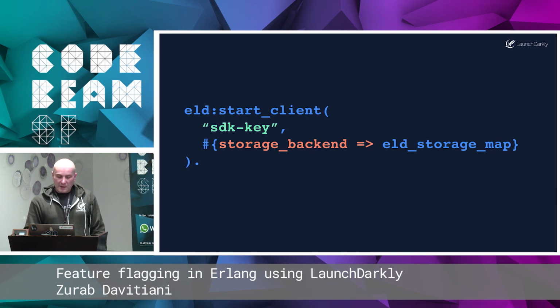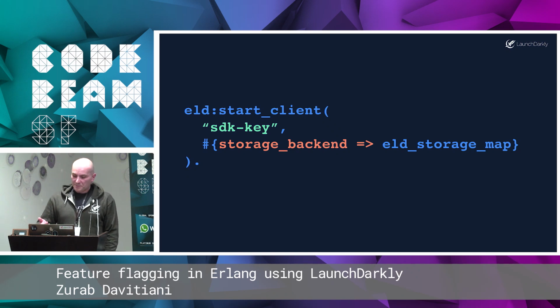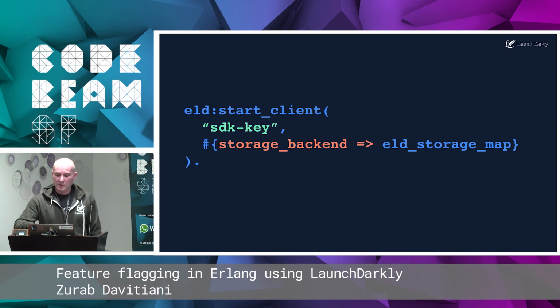Another issue that came up was that it is not uncommon for customers to ask that their application connect to multiple environments and projects simultaneously. What this means is that when you set up a LaunchDarkly account, LaunchDarkly gives you the ability to create multiple projects. And each project can have multiple environments.